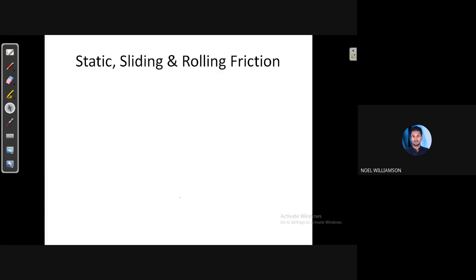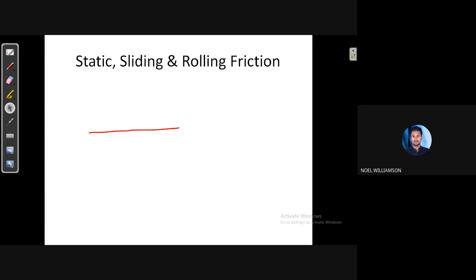You can find it from Linways, so just go through that. I will just give a brief introduction. Static friction is the friction which occurs when the body is at rest. Sliding friction is when a body slides over another surface.